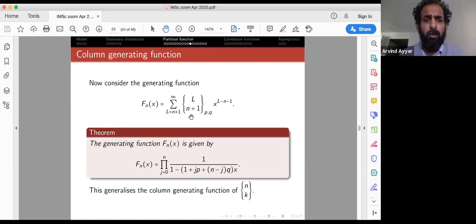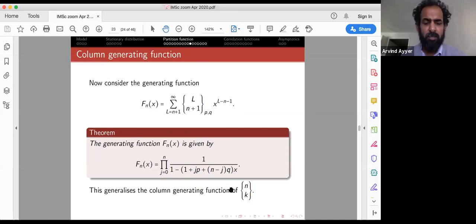Okay, so now consider the column generating function. So I take L, this restricted partition function, I sum over all L greater than N plus 1. Then I again get a nice product formula for these guys. And again, if you set P equals 1, Q equals 0, you will get the column generating function of insect.